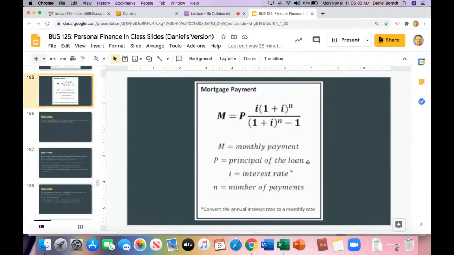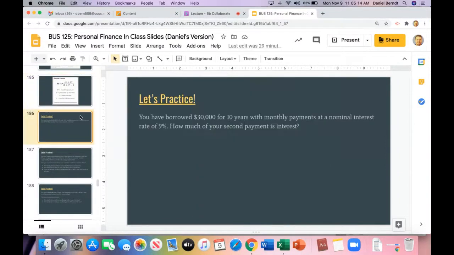But just know that, a long time ago, before Excel, before the BA2, this was the level of math that you had to be able to do to solve this problem. But for us, it's not going to be so bad. Okay, so that's the only reason why I throw that in there.